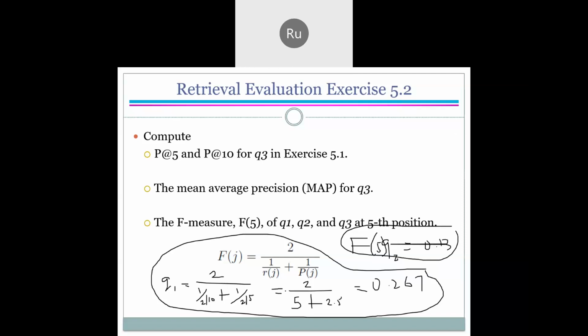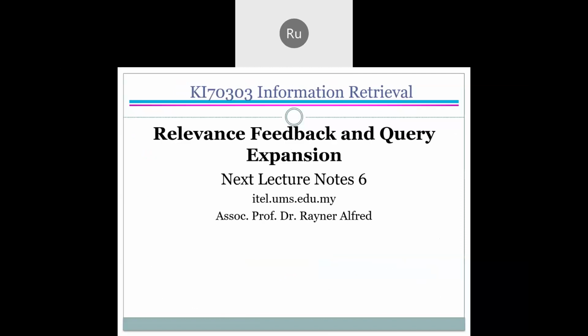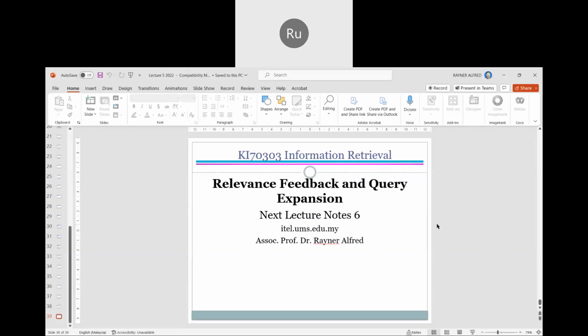And you also learn the F measure, and you also learn the single value summaries. Okay, I think that's all for this chapter. So very short. We have a lot of information to digest. Any question?